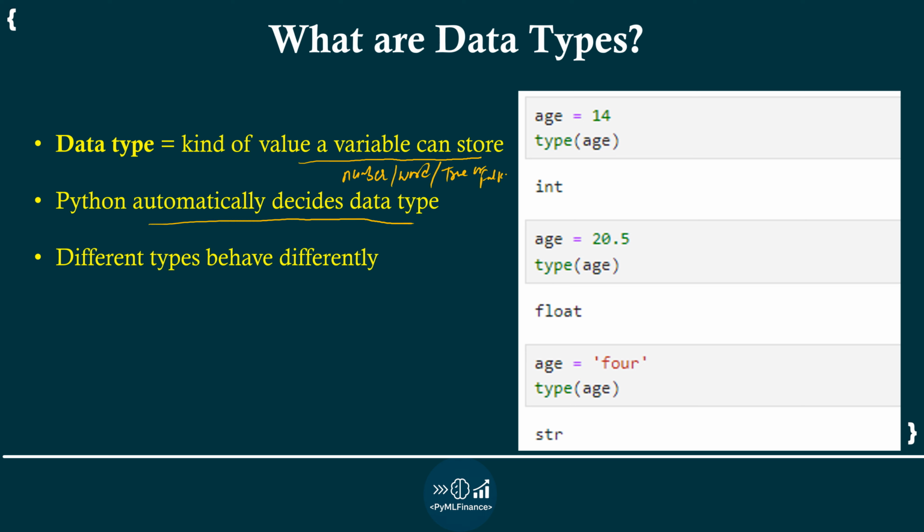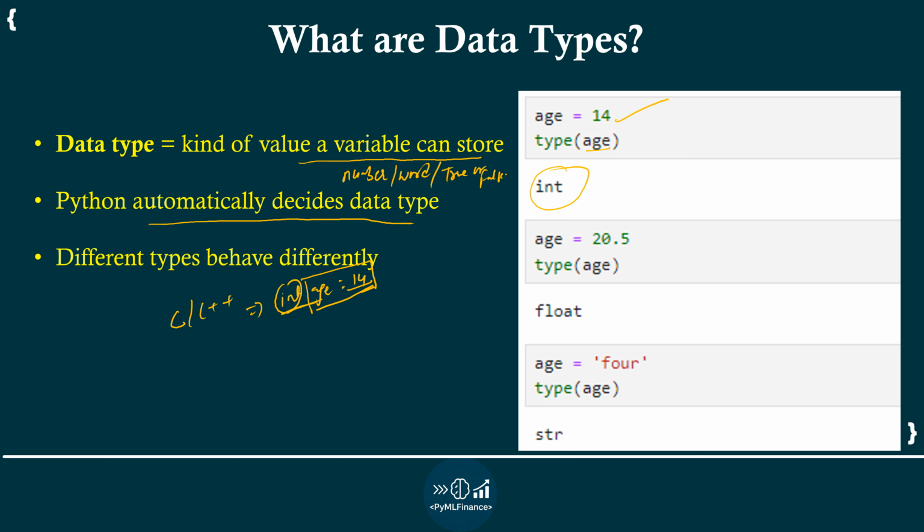If you have ever worked in programming languages like C or C++, in these languages you need to explicitly define the data type of the variable. For example, int age = 14. So you are explicitly defining that this variable will have integer data type, and hence assigning integer 14. However, in Python you simply say age = 14, and if you check the type of the variable, it is int.